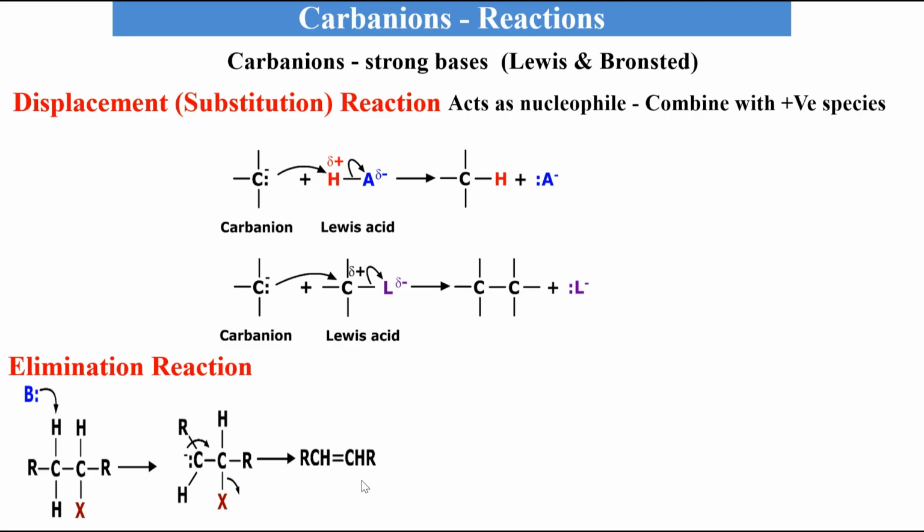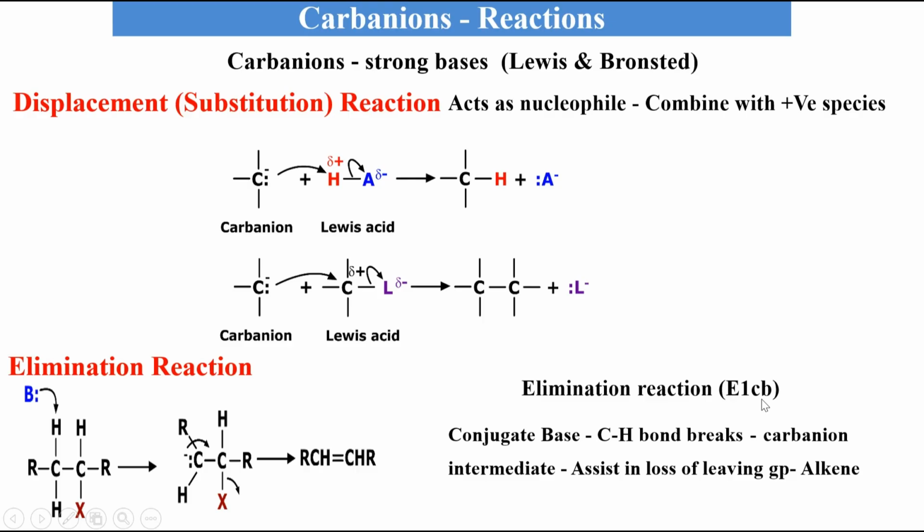The carbanion undergoes elimination reaction by following the E1CB mechanism. The E1CB mechanism is followed when a conjugate base is formed by C-H bond breaking, and this intermediate assists in leaving of the leaving group and it gives rise to an alkene.